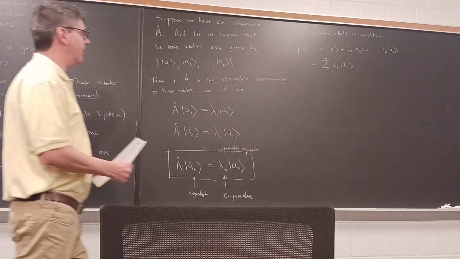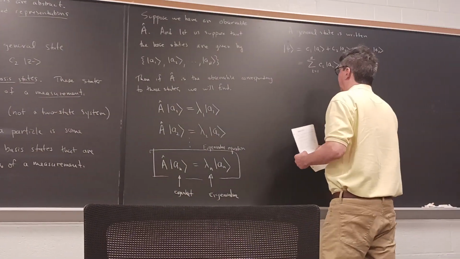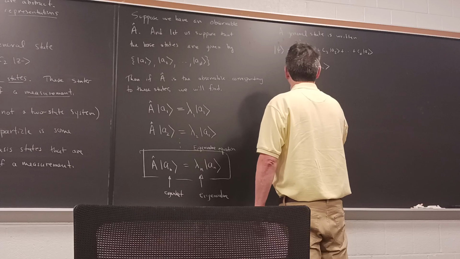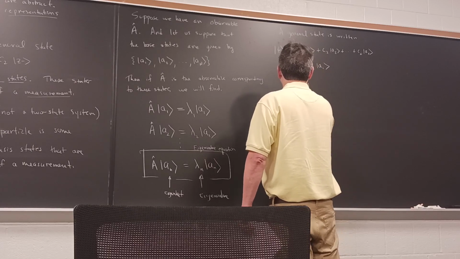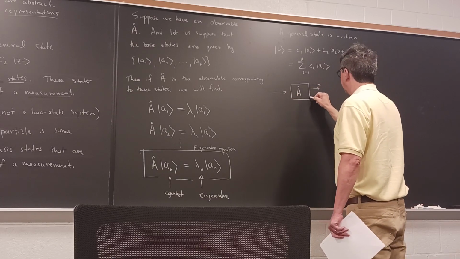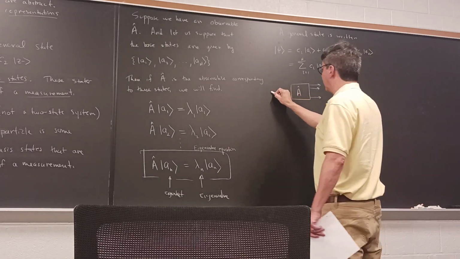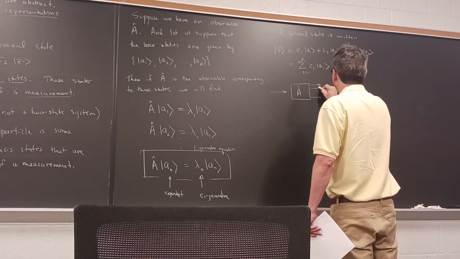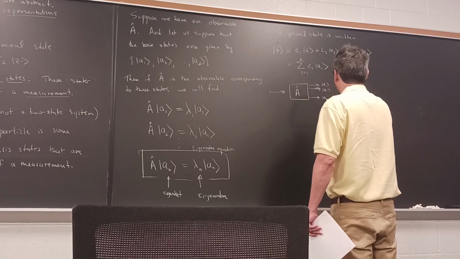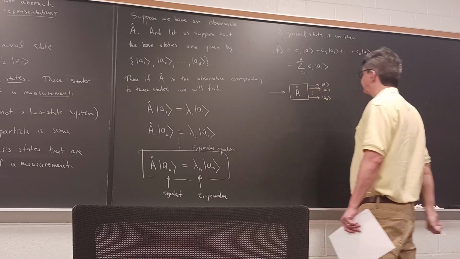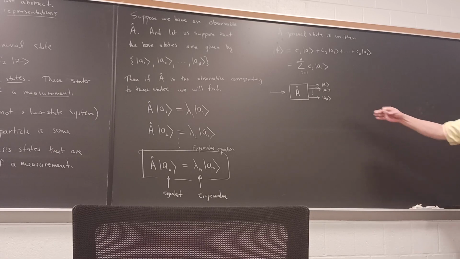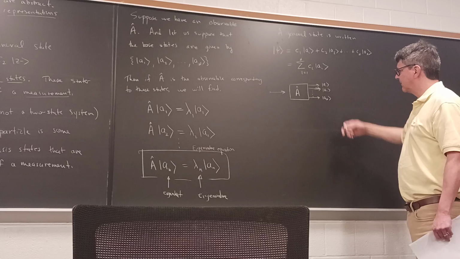So if I have some giant machinery, this is my A operator. I can send my particle in, and then out here we will find the different kets all coming out, and so the measurement will select one of these eigenkets.